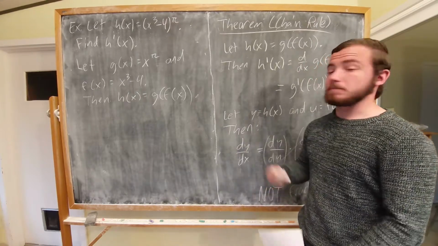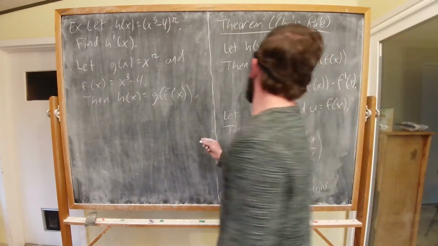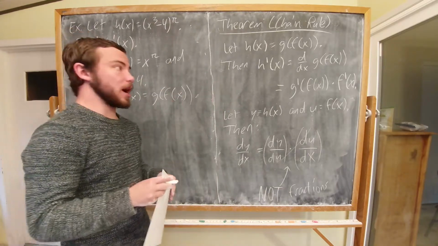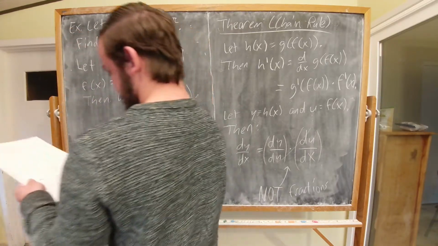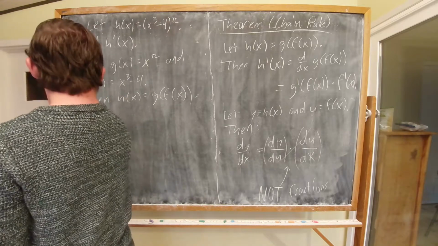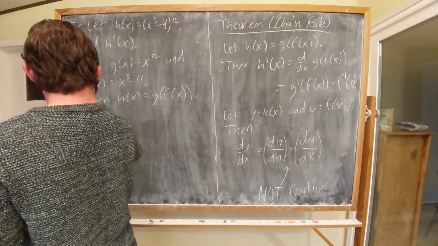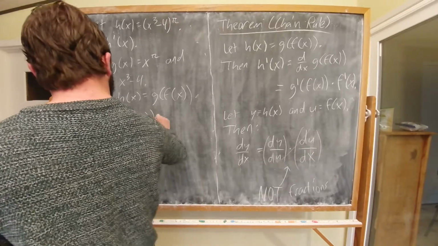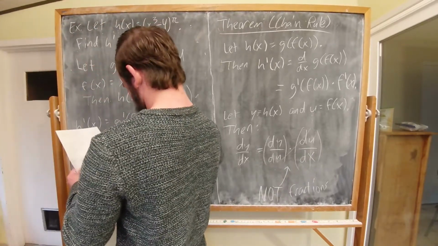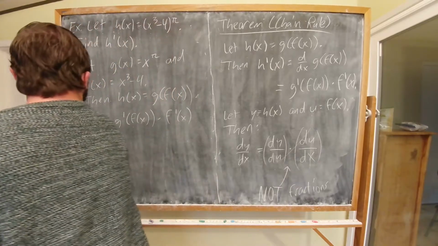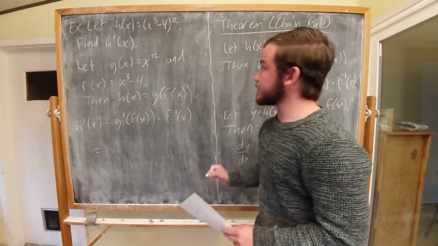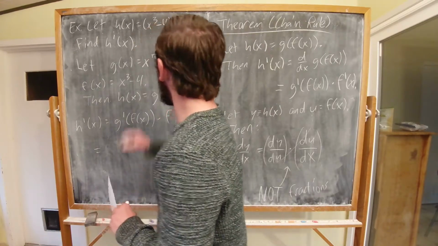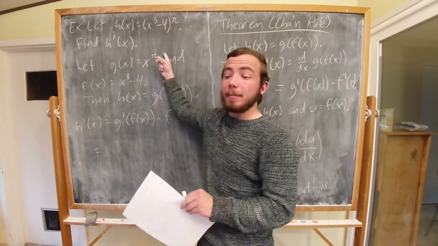Okay, well, let's compute. We need g prime of f of x, and we need f prime of x. Okay, g prime of x is pi times x to the pi minus 1.